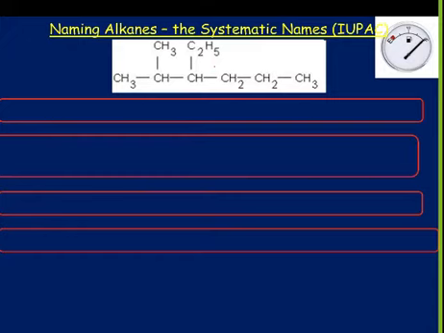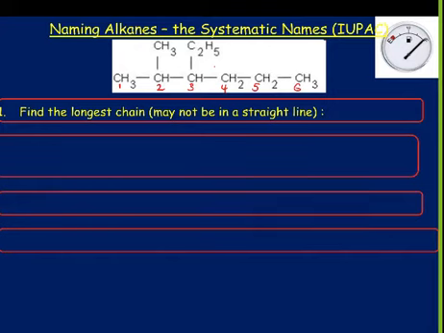Now, there's a ruling for where you number your carbons, and you usually number them from where your branching starts. So this is going to be carbon 1, 2, 3, I'm going to name it this way, 5 and 6. Okay, so you find the longest chain, and as we've said, it mightn't be in a straight line. So 6 carbons, its ending of this particular compound is going to be hexane. Okay, so now, what carbon numbers do I have my groups on?